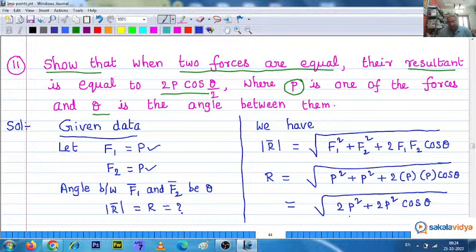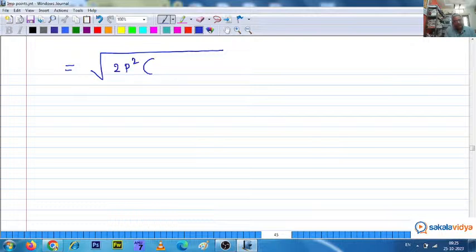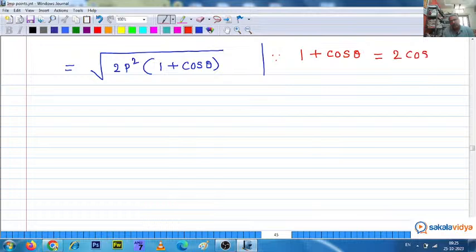So what shall we do now? 2p square can be taken common. Taking 2p square common, we have 1 plus cos theta. My dear students, please remember the formula: 1 plus cos theta is equal to 2 cos square theta by 2.